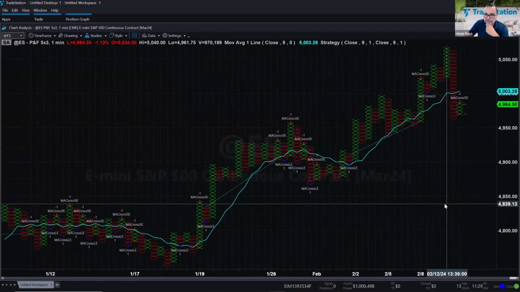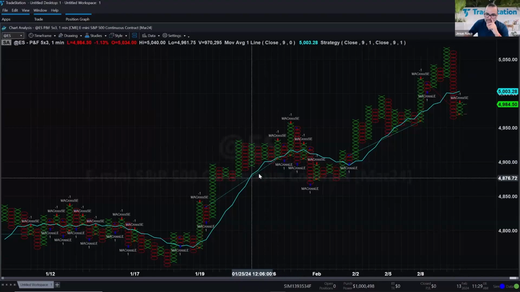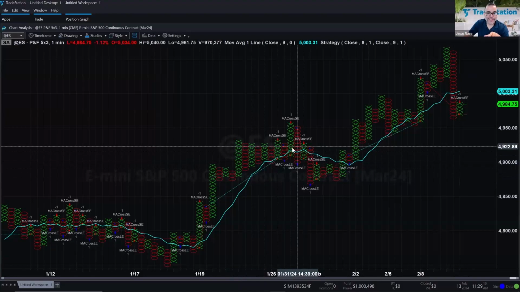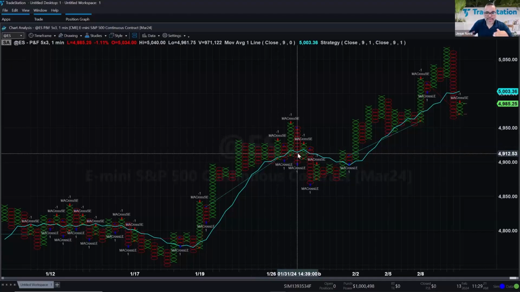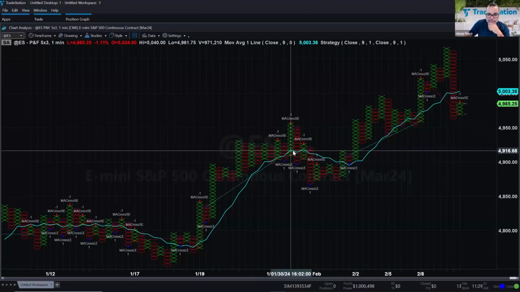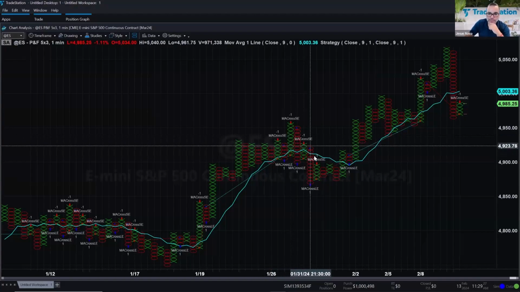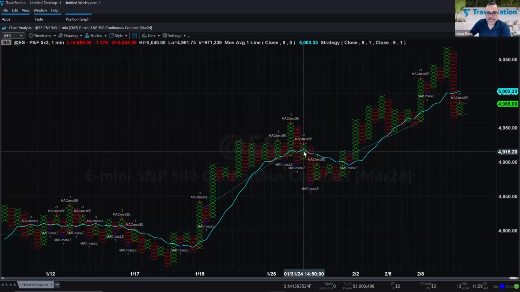Okay, we can see that we have some winning trades, but this strategy doesn't do very well when we have a consolidating period, or when the market is moving sideways. You can see how the moving average is just going across these columns, and you're getting flipped back and forth between short and long, and these are all consecutive losing trades.